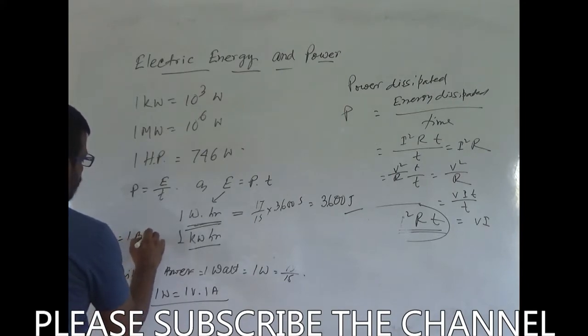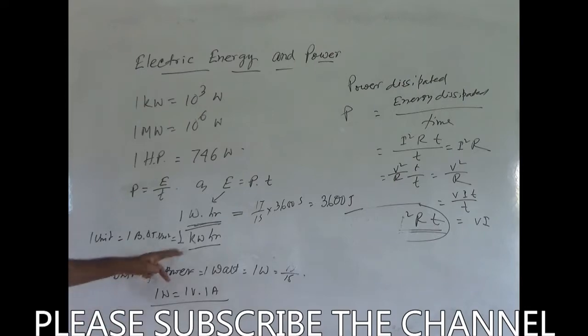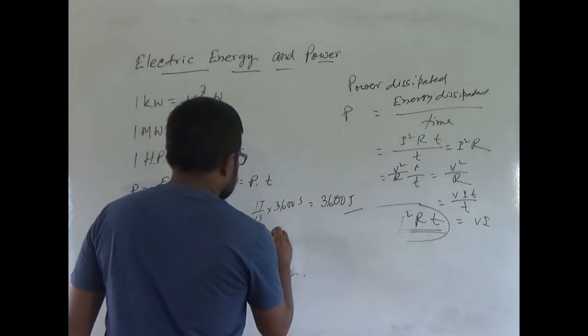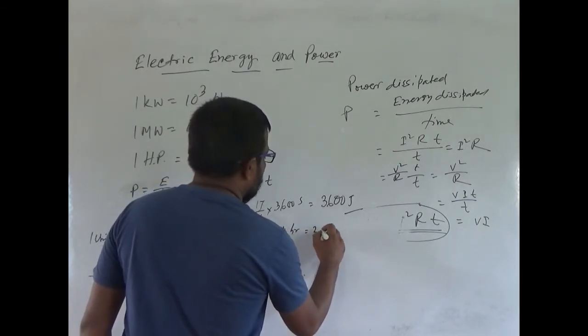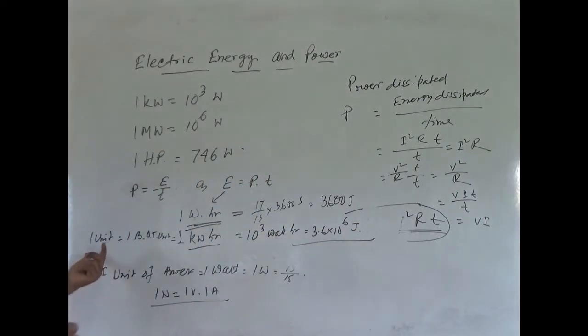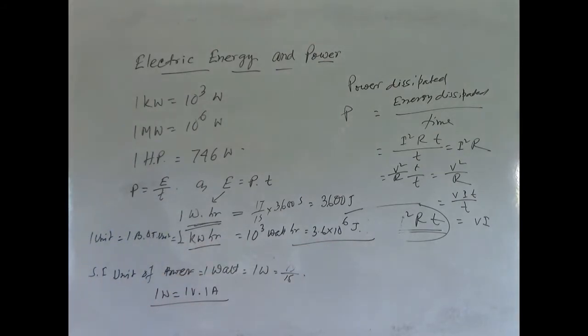And what is 1 BOT unit? 1 BOT unit is 1 kilowatt hour, that is 10 to the power 3 watt hour, and that is 3.6 into 10 to the power 6 joule. 1 unit of electric energy is equal to 3.6 into 10 to the power 6 joule.